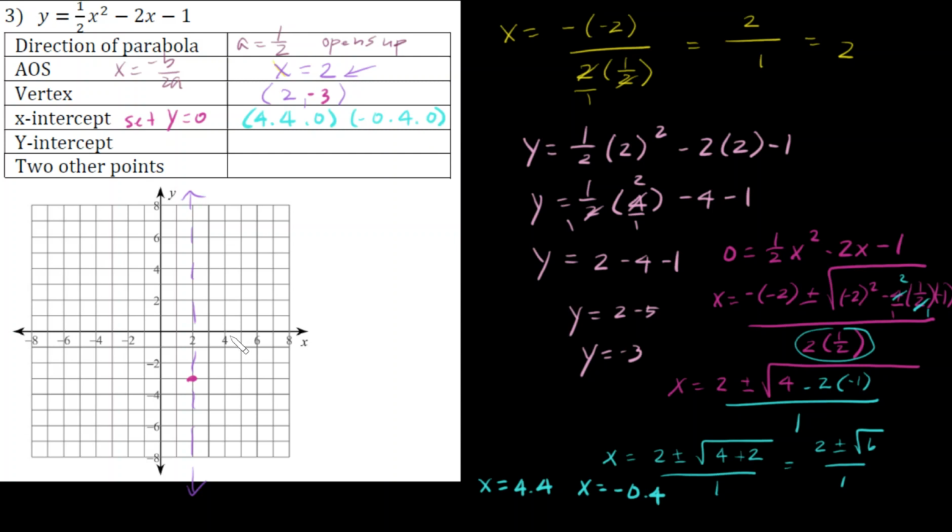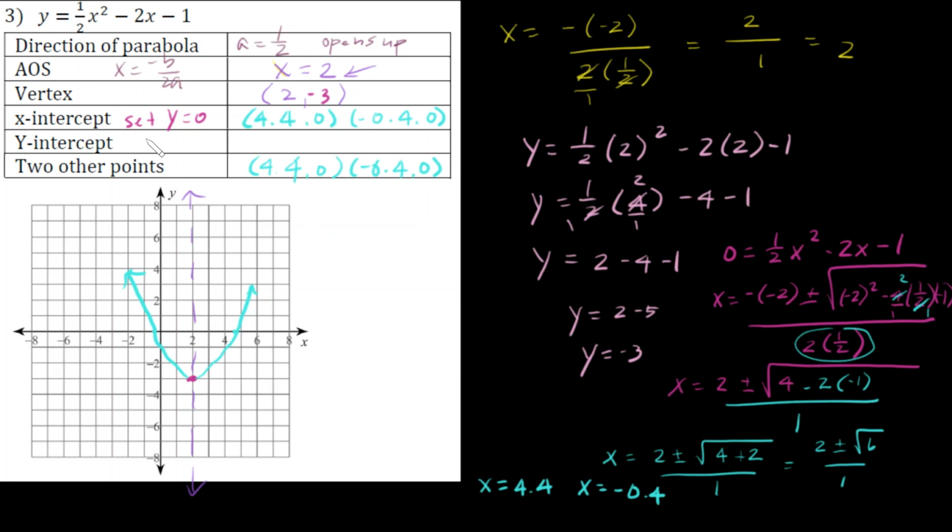So we have a 4.4 right here and a negative 0.4, which is somewhere here. And let's go ahead and make that parabola because we don't need anything else except for the vertex and 2 other points on either side of the parabola. We can use 4.4 comma 0 and negative 0.4 comma 0 as our 2 other points.